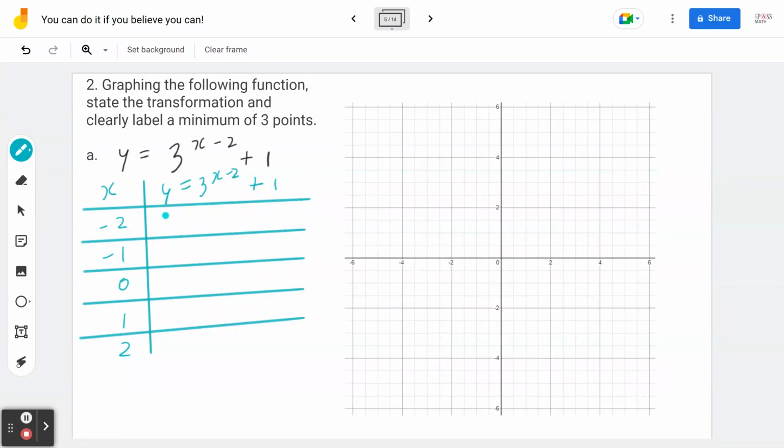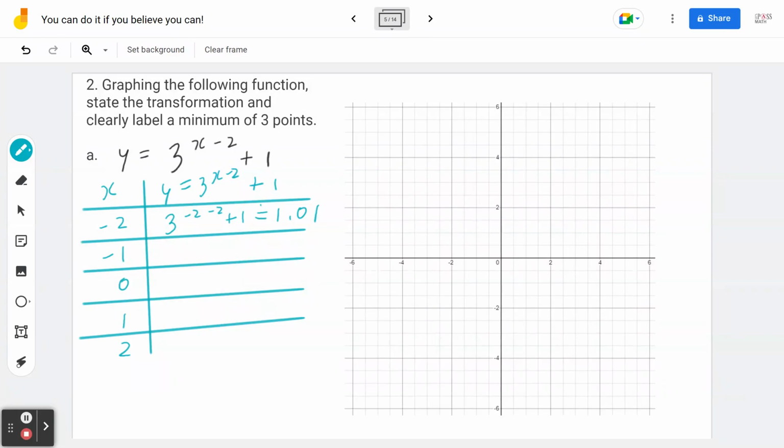So when x is -2, that's going to be 3 to the power of -2 minus 2, plus 1. Now, if I grab a calculator, this is approximately 1.01. So I'm going to round to 2 decimals in this case. In the display, I actually see 1.012345679.